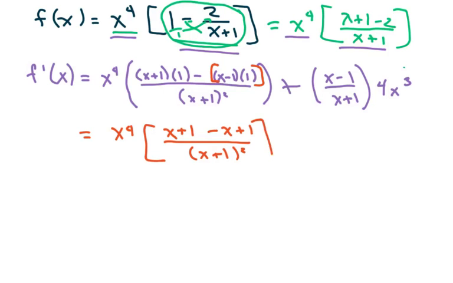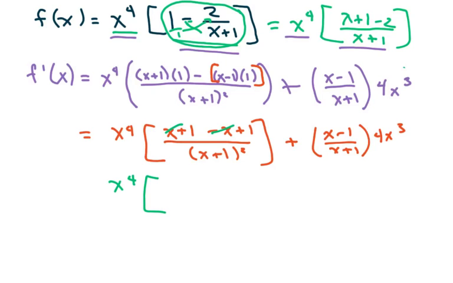And this piece is going to be the same thing. So it's going to be x minus 1 over x plus 1 times 4x cubed. Well, as you can see, these two cancel. So you're going to get x to the 4th and this is going to be 2 times x plus 1 squared.